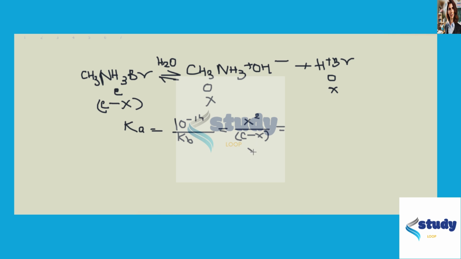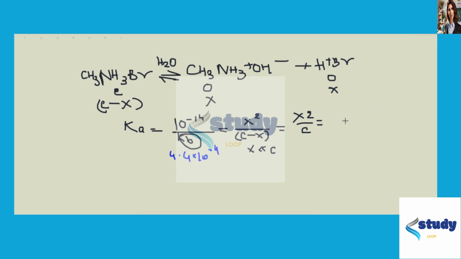In most cases, X is so much smaller than C that we can ignore it. So X squared divided by C. This is a value that you have to know. It'll probably be provided to you. And Kb is 4.4 into 10 to the power minus 4, right?